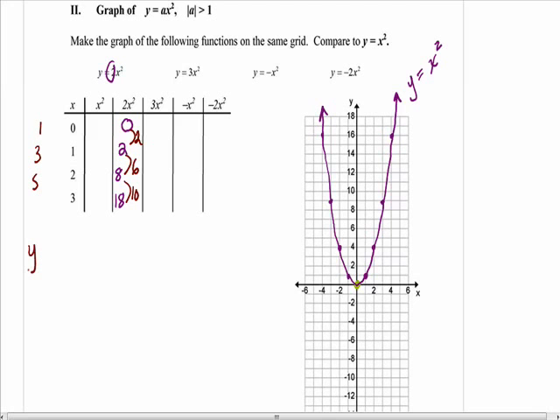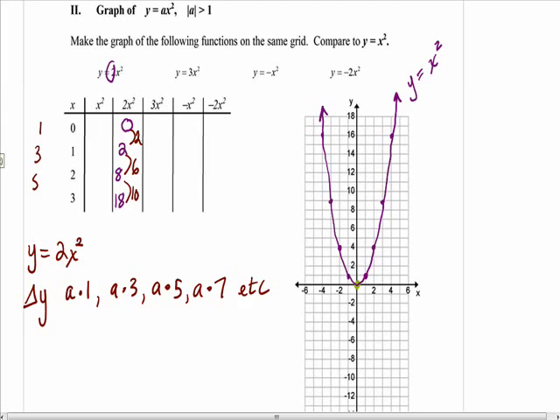So for the graph y equals 2x squared, your delta y pattern is the a value times 1, the a value times 3, the a value times 5, the a value times 7, etc. And the vertex is still at 0, 0 because all we're changing is we're adding an a.